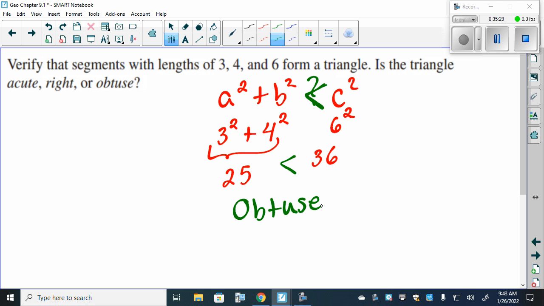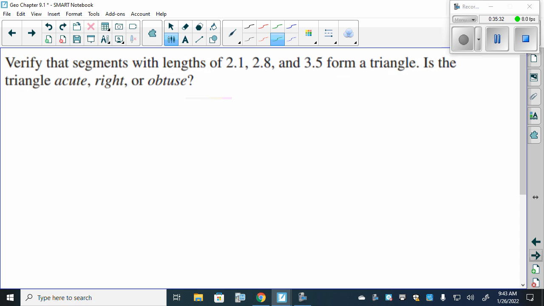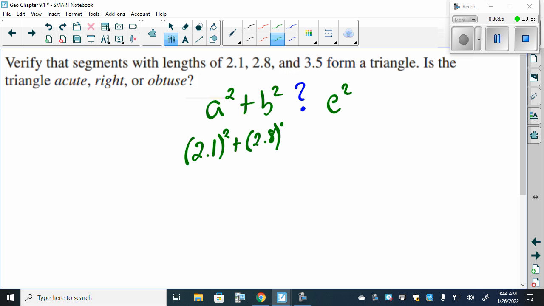Any other questions on this here? Now these sections do form a triangle because 2.1 plus 2.8 is going to be greater than 3.5. So it does make a triangle. Now we need to see how a squared plus b squared relates to c squared. The values of a and b for this one would be 2.1 and 2.8, and c is 3.5.